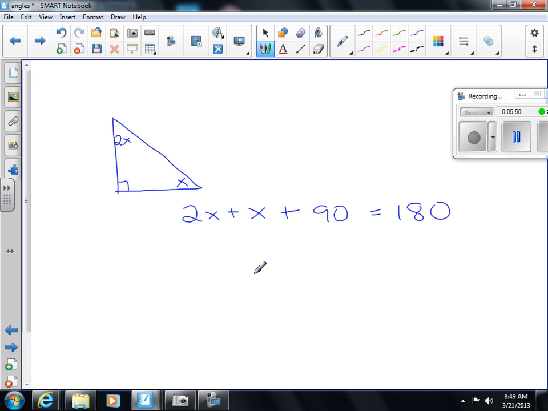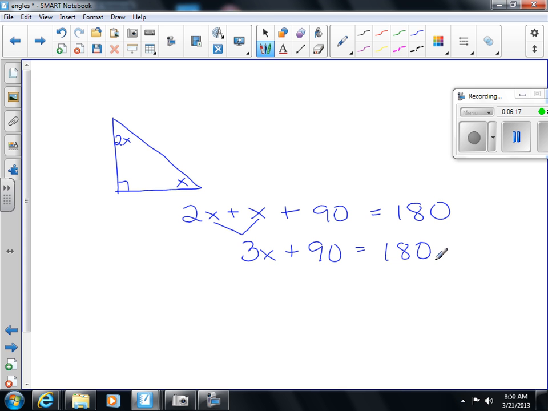The first step is to do what with my x terms? I can't divide by 2 yet. This is 2 apples plus another apple, and that's called combining like terms. They're both on the same side of the equal sign, so all I have to do is combine them. I have 3x plus 90 equals 180.